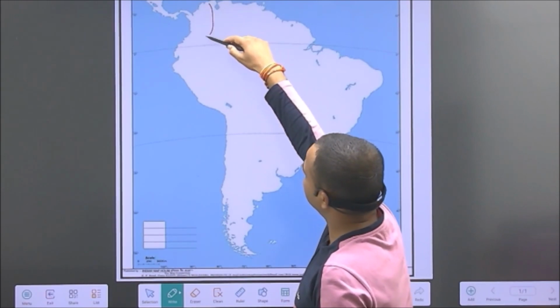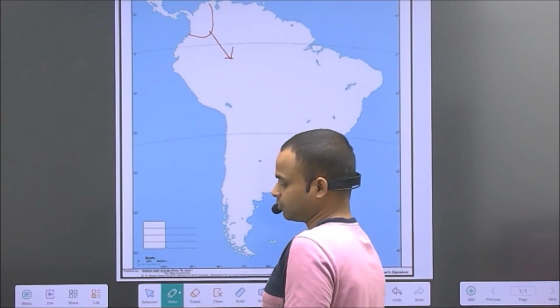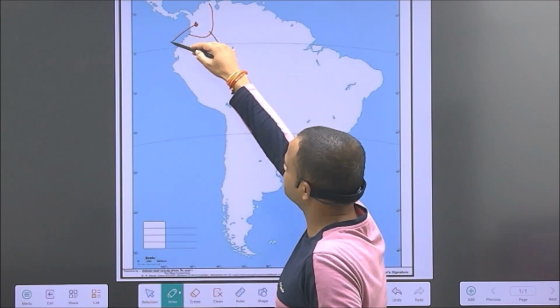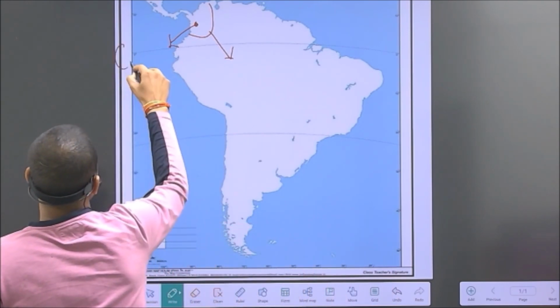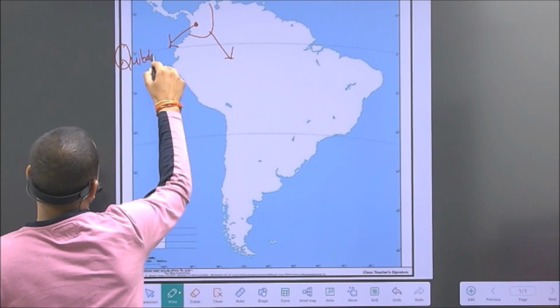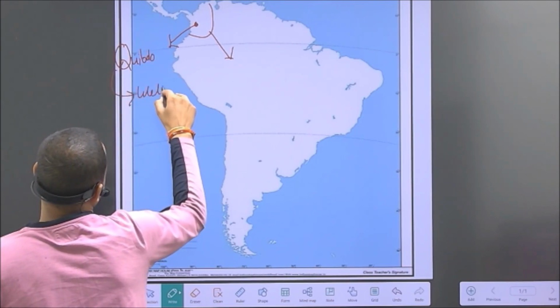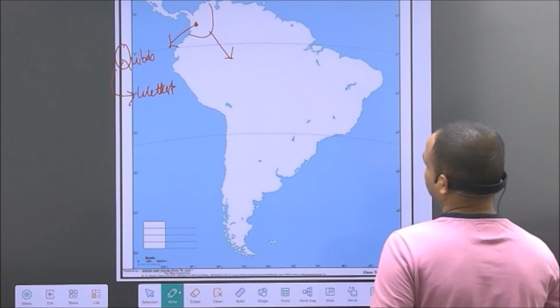Here you can see one country, Venezuela, and here you can see one place in Venezuela which is Quibdo. Quibdo is the wettest place of South America because of the highest rainfall in that place.